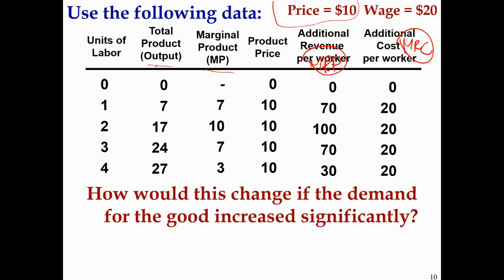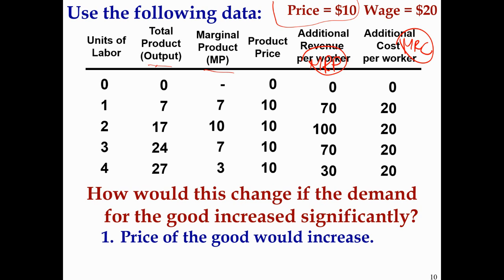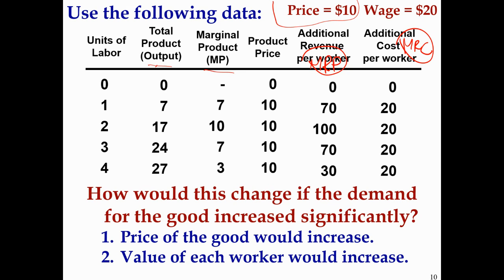How would this change if the demand for the good increased significantly? Well, if the demand for the good increased significantly, the price of the good would increase. Remember, the demand increased, guys, not the quantity demanded. If the demand increases, the demand shifts to the right and the price will increase. If the price of the good increases, the value of each worker would increase.